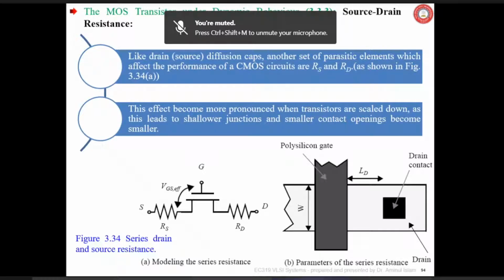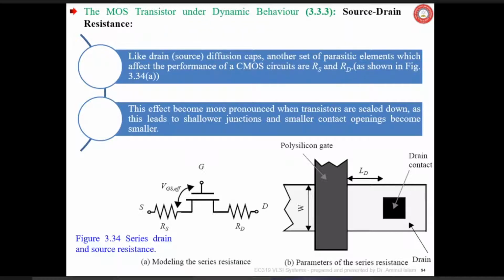Now, like drain or source diffusion capacitances, another set of parasitic elements exists, that is source diffusion resistance and drain diffusion resistance.